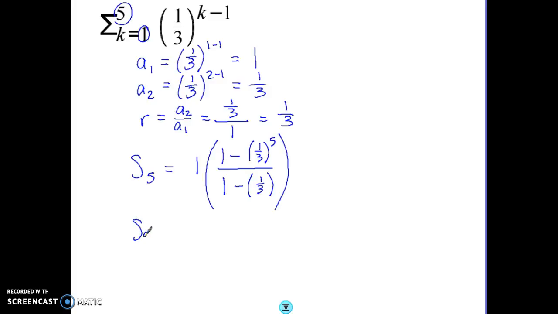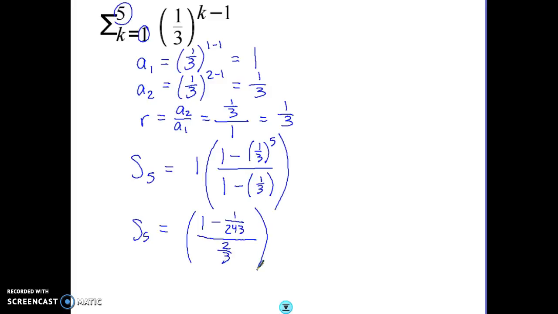I'm actually going to drop this 1 now because multiplying by 1 doesn't do anything. But in our numerator, we will have 1 minus 1/3 to the 5th is 1 over 243, because 3 to the 5th is 243. And then at the bottom, we have 1 minus 1/3, which is just 2/3.